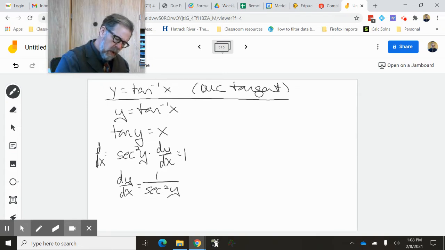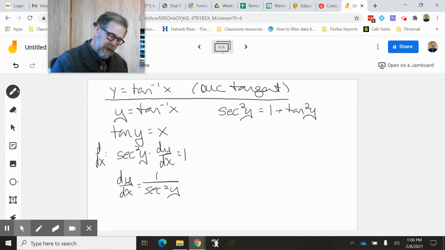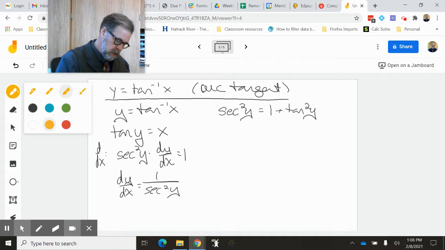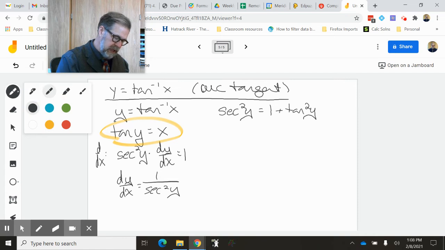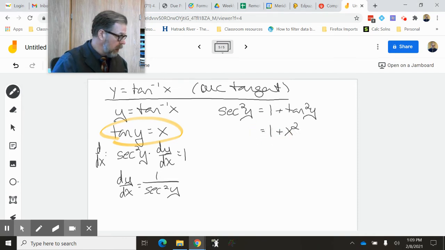Well, what do we know? Another trig identity is that secant squared is equal to 1 plus tangent squared. But of course, tangent of y is the same as x, which means that secant squared is equal to 1 plus x squared.